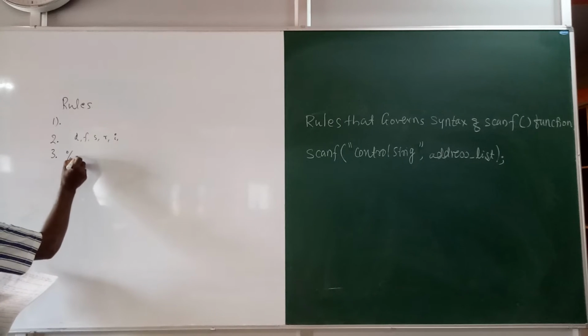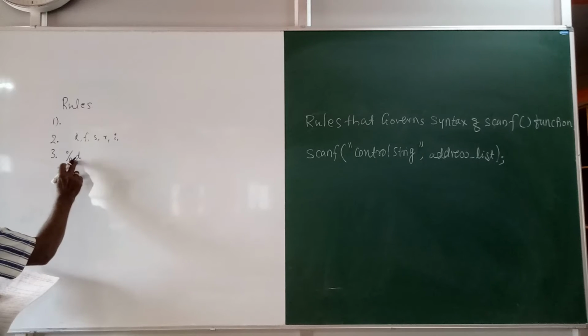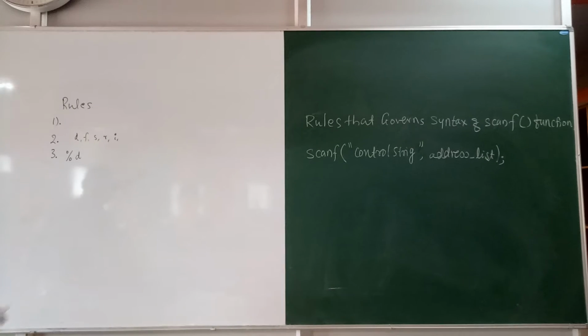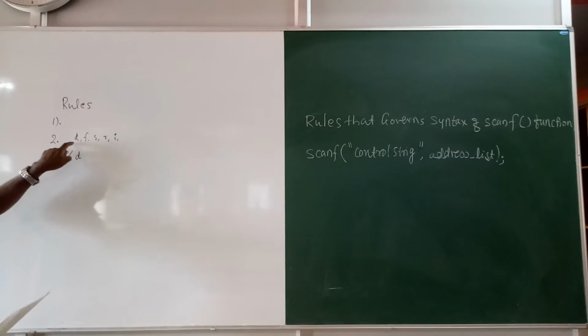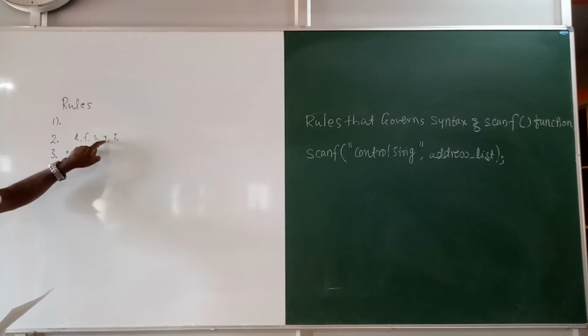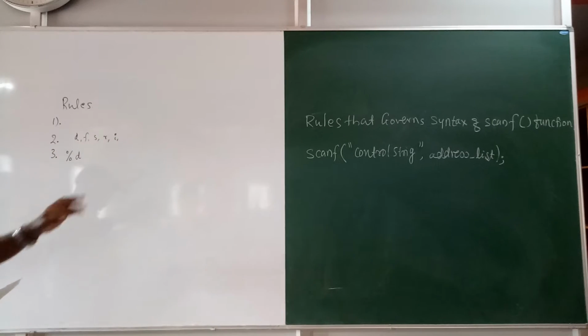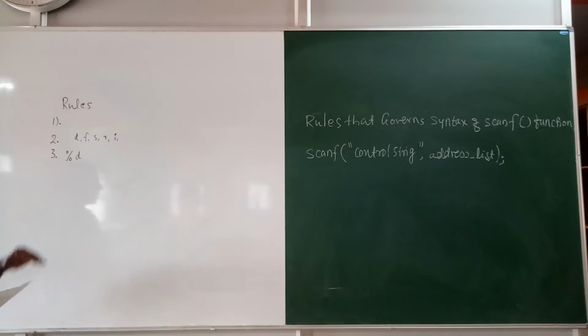So the third rule says each character group should begin with the % symbol, that is first, followed by a conversion character. These are certain characters here: d, f, s, r, and a few more. We will make a list, a table for our reference.